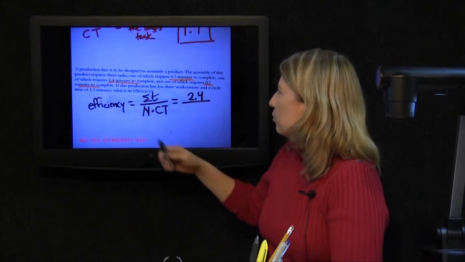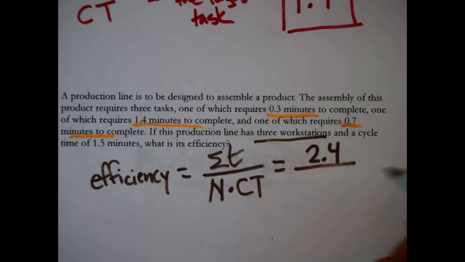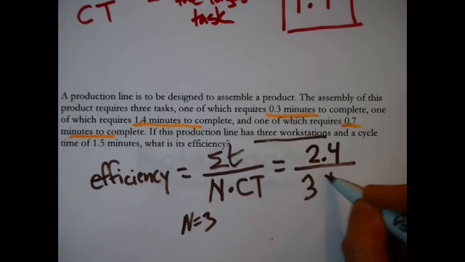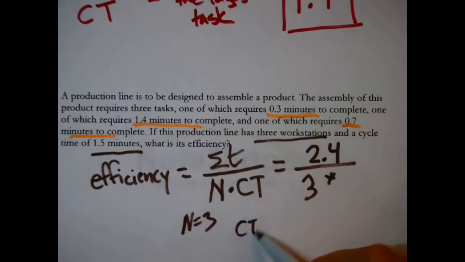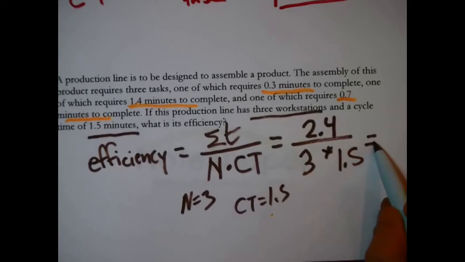N is the number of workstations, and we were told, there it is, N equals 3. So that would go there. And CT is the cycle time, and we were told that. They had chosen a cycle time of 1.5. So that goes there.